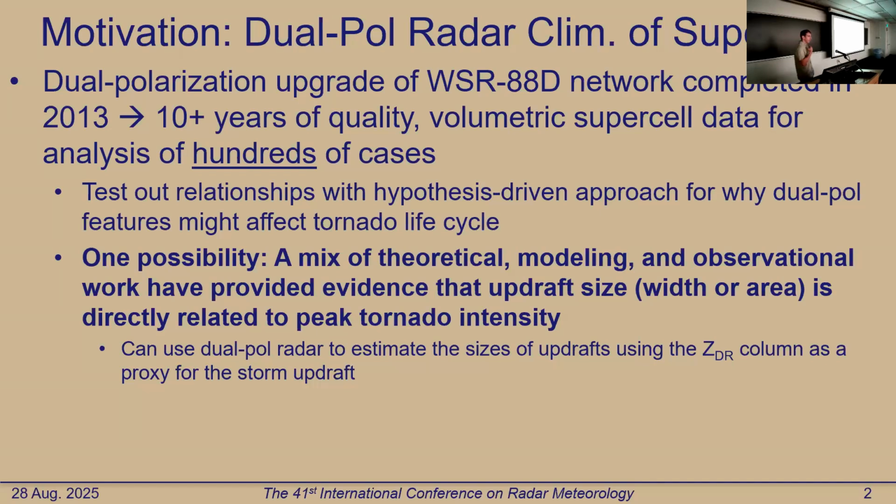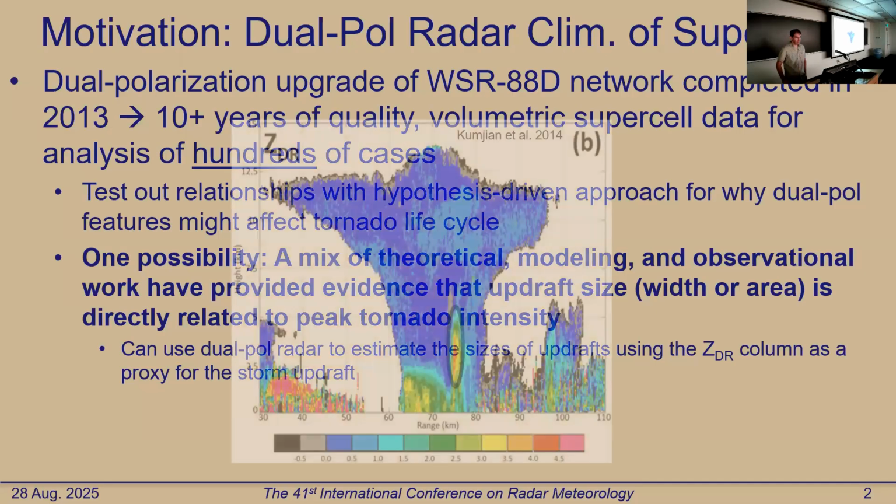Radars cannot directly see updrafts very easily, but we can use some of the dual pole radar data to identify proxies for updraft size.